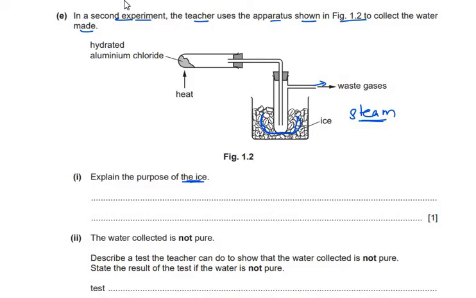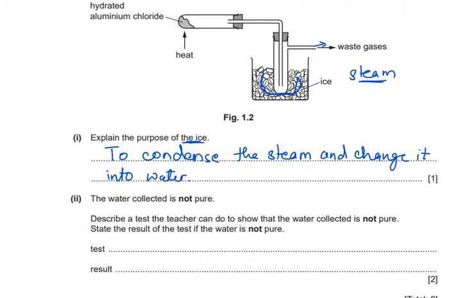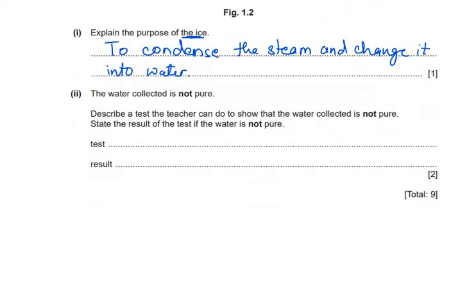So ice is generally used to, we can write, condense the steam produced and change it into water. So this is how we say the ice is used to condense the steam to water.